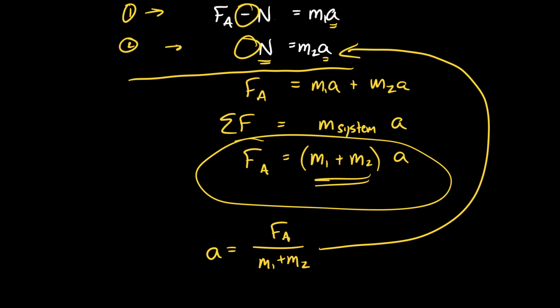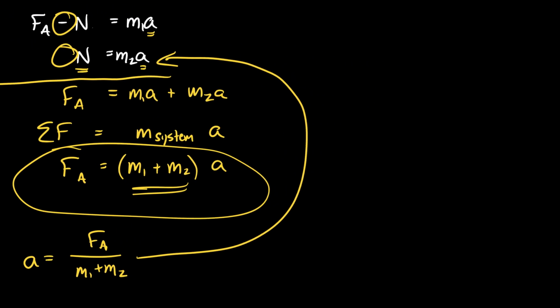And I want you to see this because most of you still have some issues when we do math like this. So let's do the substitution. We'll get N equals m2 times a, but a is all of this stuff. So I'll put the FA up there over m1 plus m2.